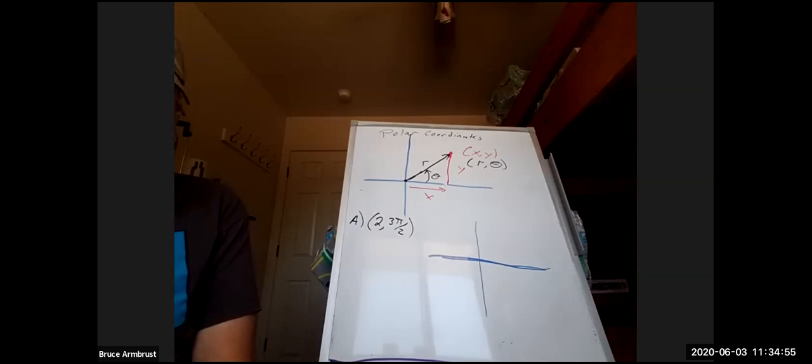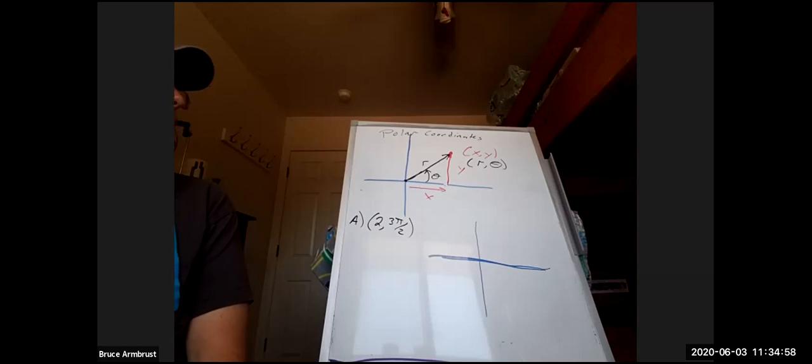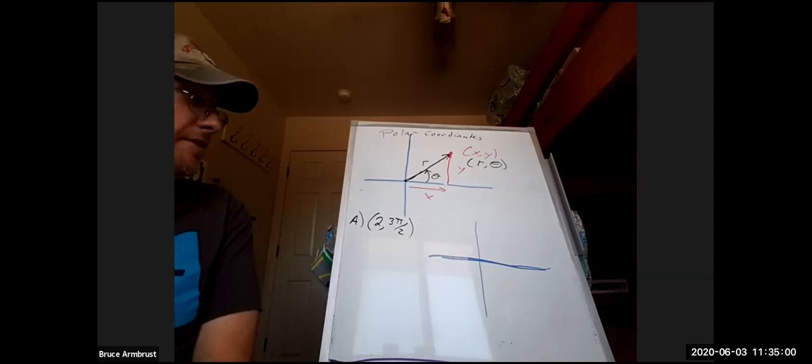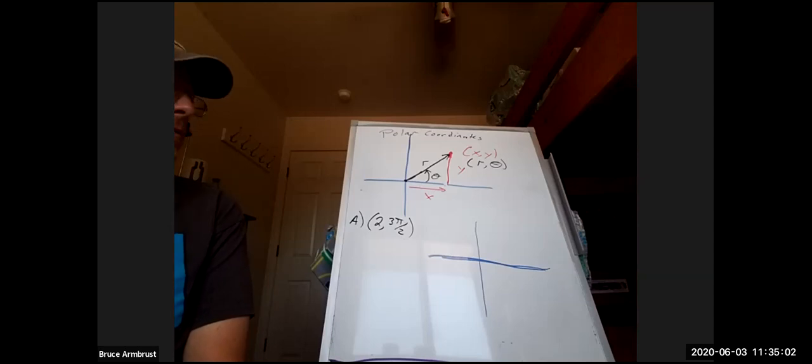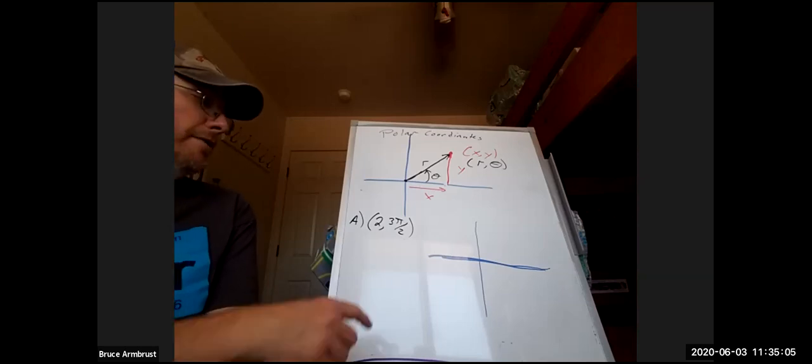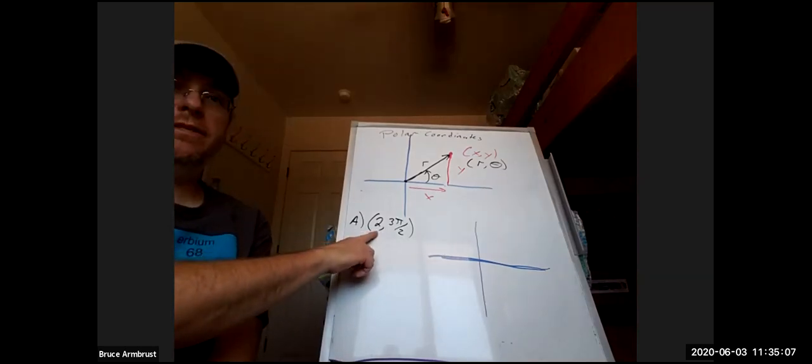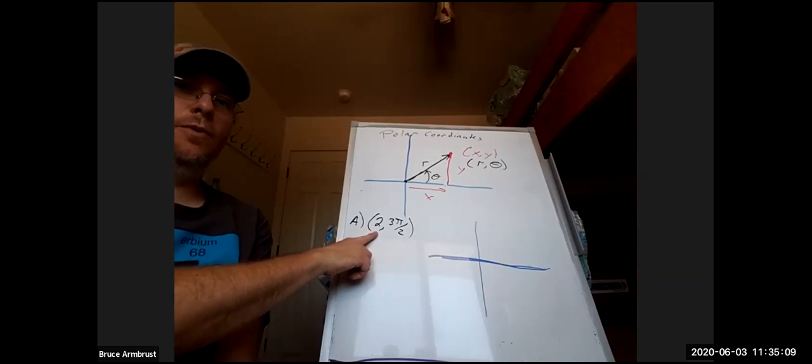You got to think about this a little differently now. That first number is our distance away from the origin. So we're going to go out 2 steps. You tell me what direction to go, and I'm going to walk out 2 steps.